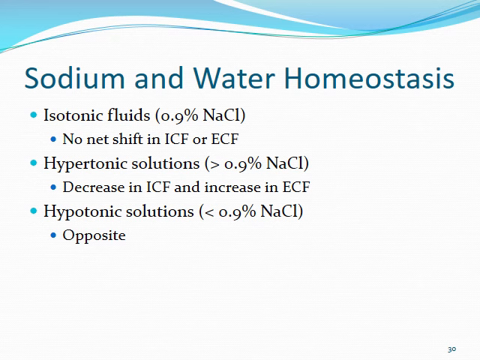So that's going to help draw water out of the CNS, it's going to draw water out of the tissues, and lead to more being in the intravascular space. On the opposite hand, though, if you have a hypotonic solution, something less than 0.9%, say like half normal saline or 0.45%, that's going to lead more water to shift in the intracellular direction, and so you have a bigger balance of water being kept in the tissues.